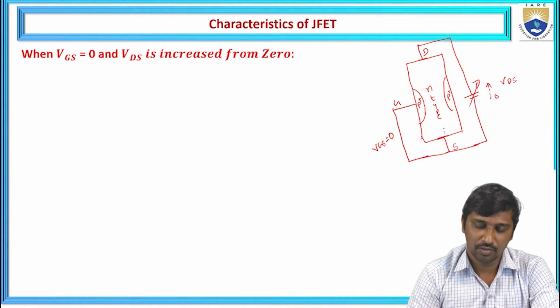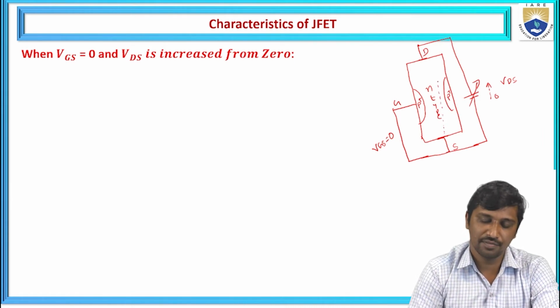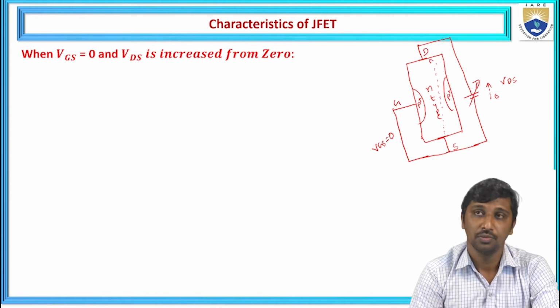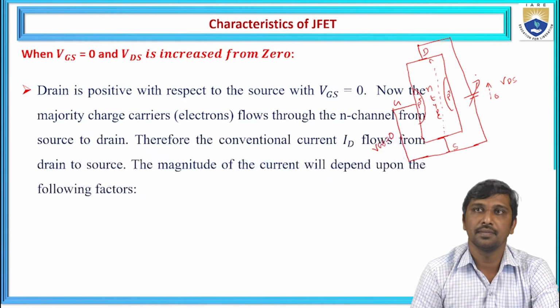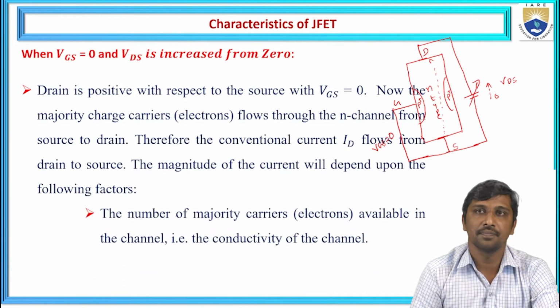Hence, electrons are repelled from the source toward the drain, depending on the area, the channel length, and the resistivity of the material. So due to this applied biasing voltage, the drain current depends on some parameters.